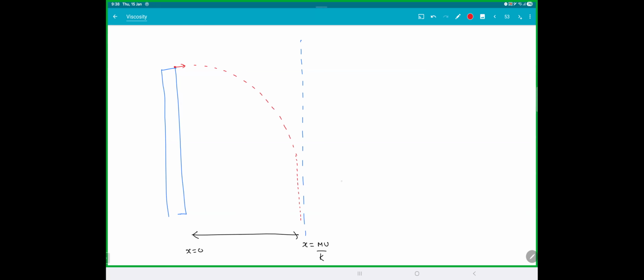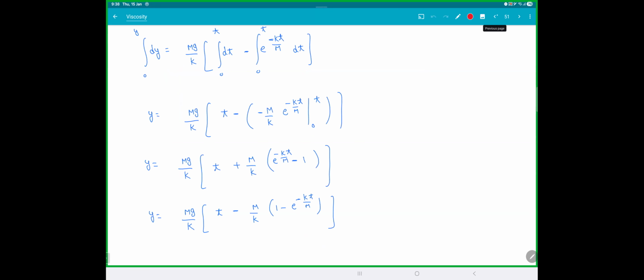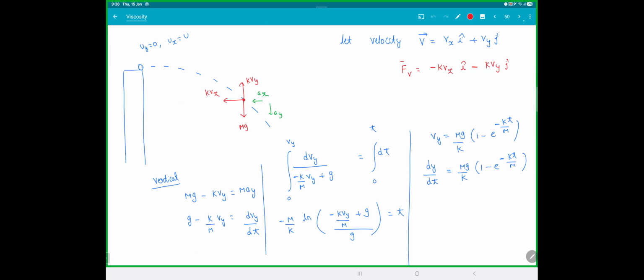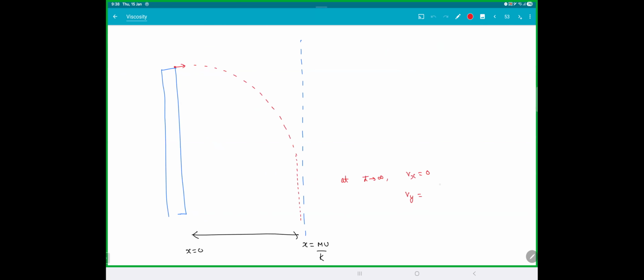And eventually at infinity, your vx becomes 0 and you get vy becomes the terminal velocity, mg by k. So eventually at infinity, you're just going with vy. Basically, your viscous force becomes equal to mg. So this is how the trajectory will be. The particle will never cross the mu by k x coordinate.